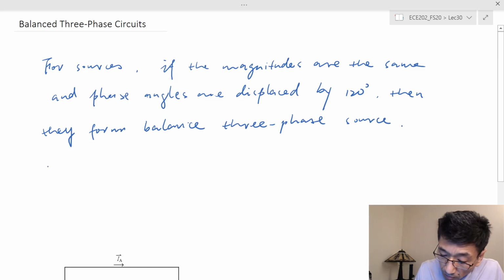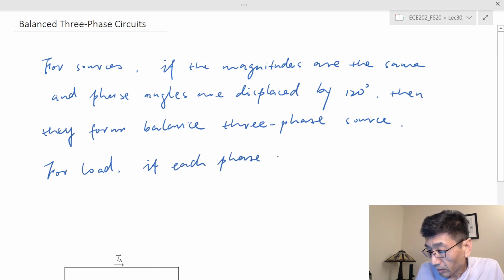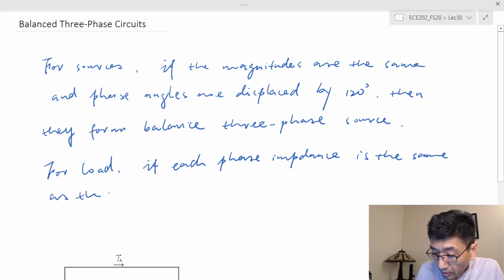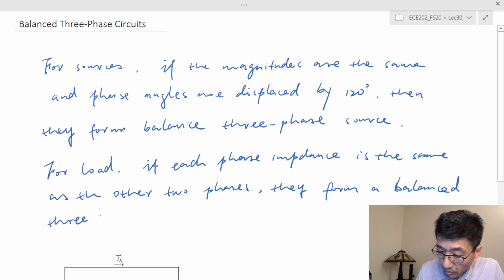And for the load, if each phase impedance is the same as the other phases, then they form a balanced three-phase load.